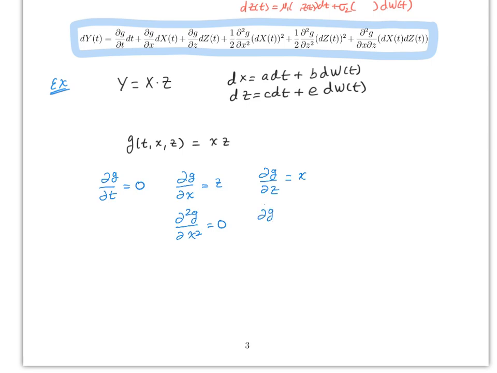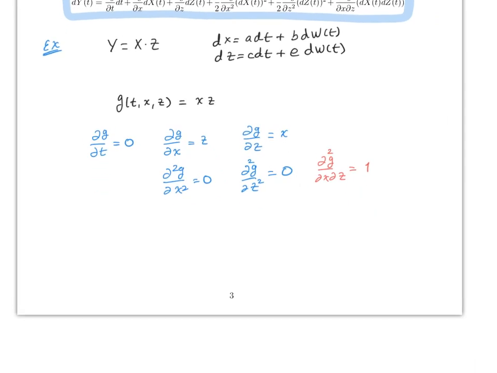The second partial of g with respect to z is also equal to 0. But the second partial of g, with respect to x first, and then with respect to z, equals 1.